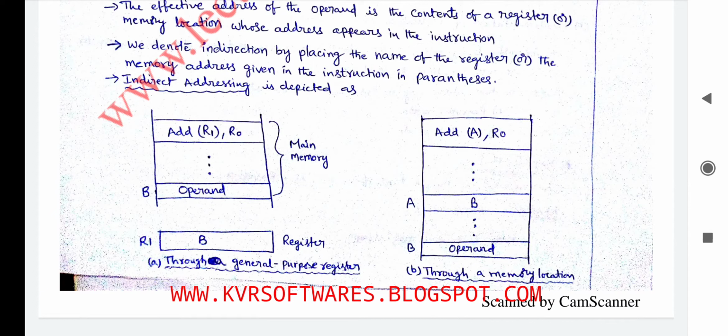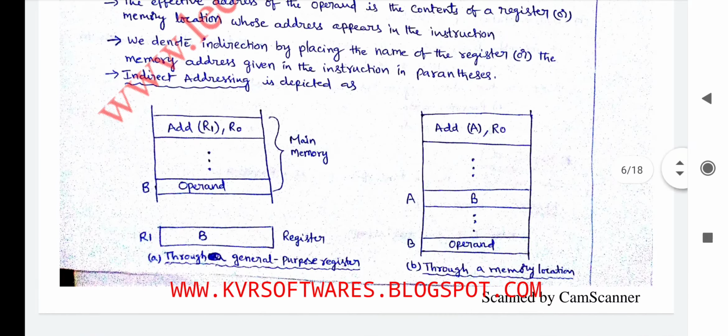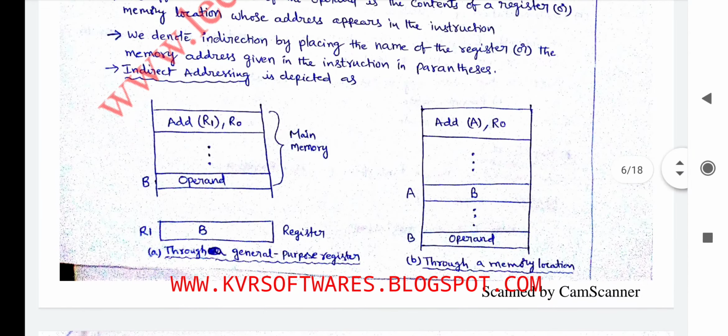If you observe the diagram here, indirect addressing works through a general purpose register and through a memory location. The top part is main memory. Our instruction is add R1 comma R0.